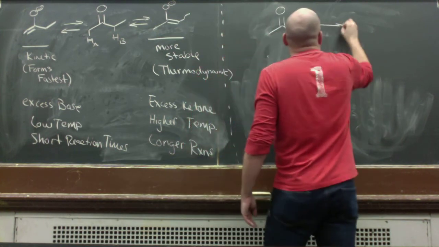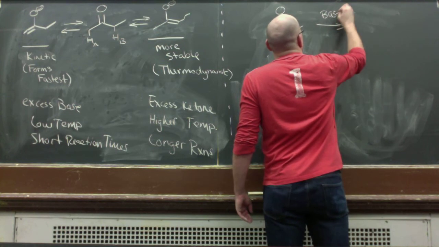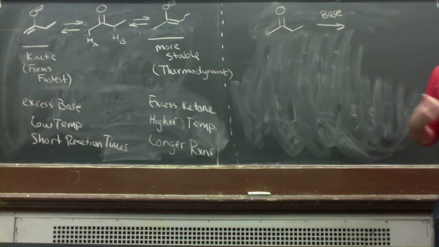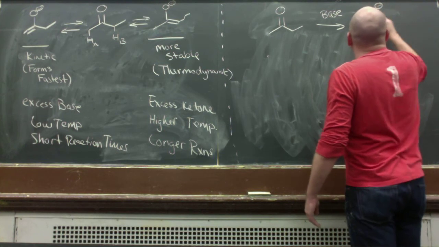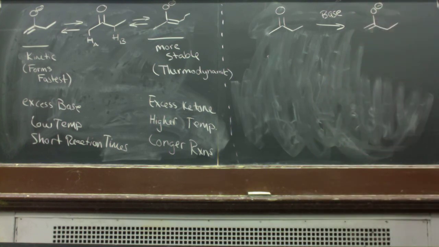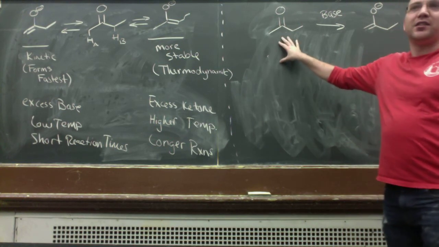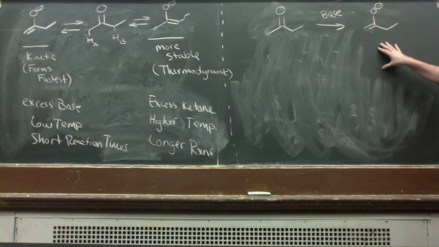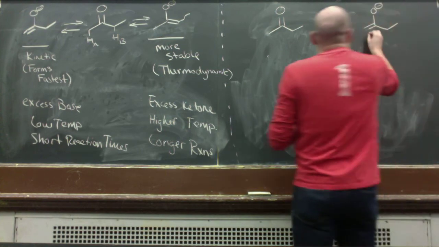and we treat this to a base. First thing that's going to happen right away is that we're going to get this enolate. Now what happens is that if you have more ketone in here, some of this ketone can serve as a base to deprotonate this ketone. And it can go in one of two ways.